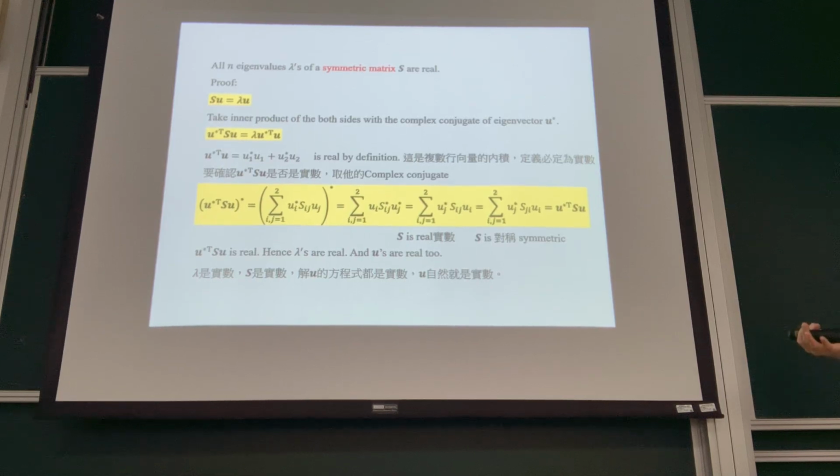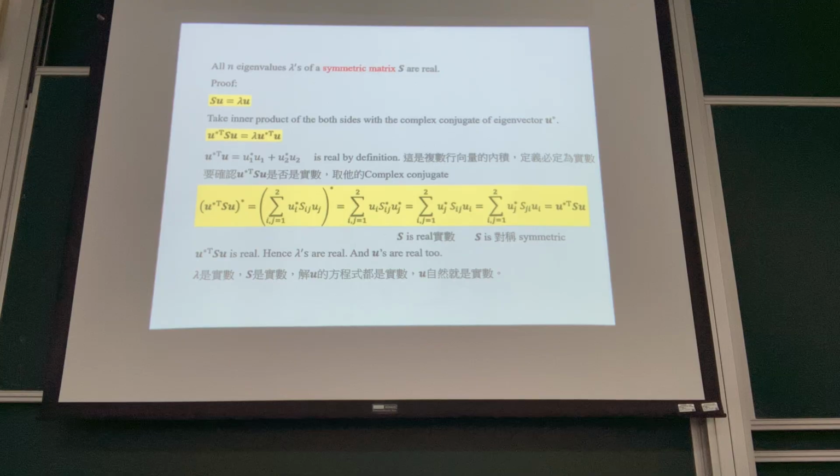Because in quantum mechanics, some of the wave functions are complex, you have to make sure all the physical measurements are real numbers.